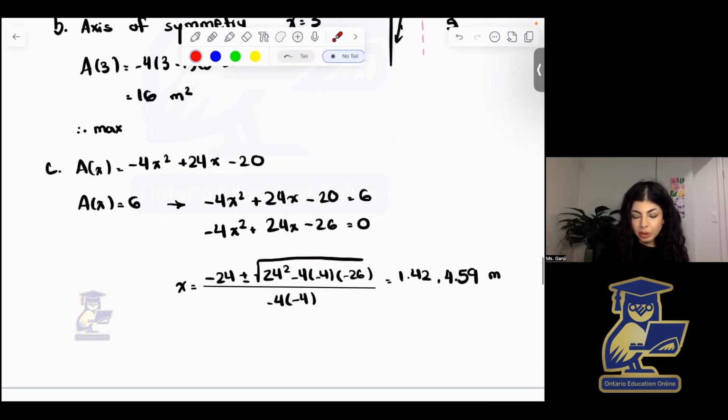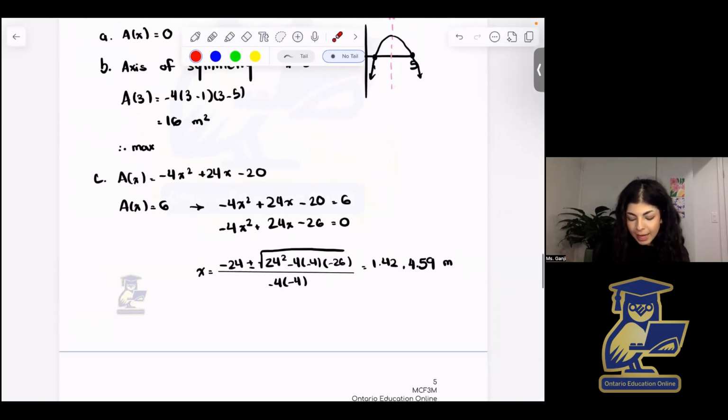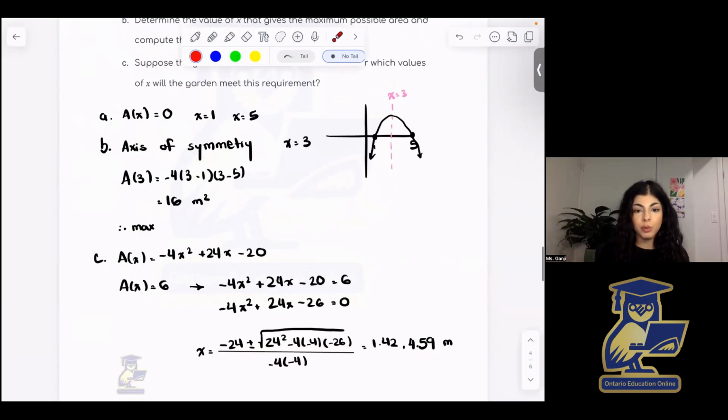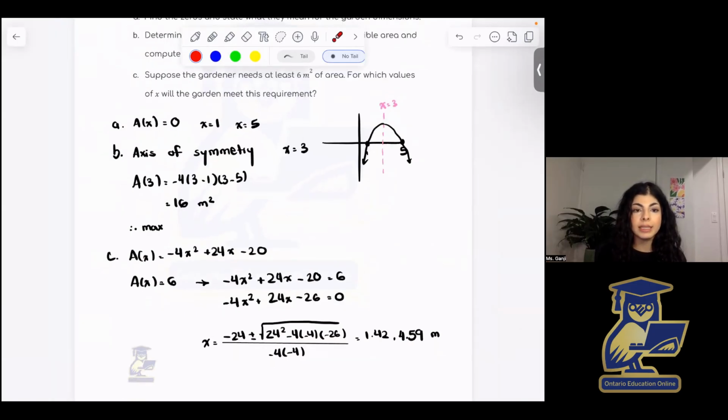Interpreting the results here, that means that if my length is 1.42 meters, my area will be exactly 6 meters squared. Or similarly, if one side length is 4.59 meters, my area will be exactly 6 meters squared as well. But we're asked that he needs at least 6 meters squared.